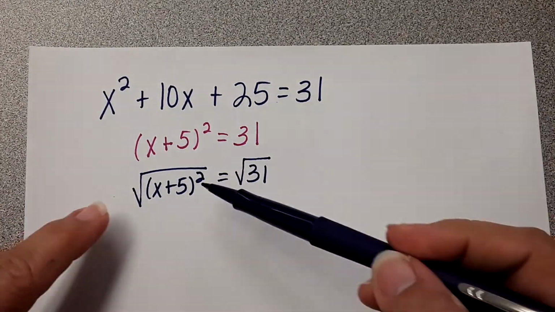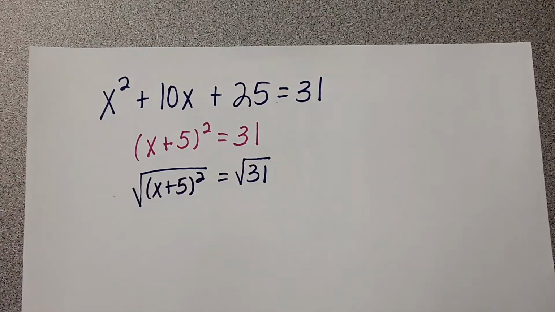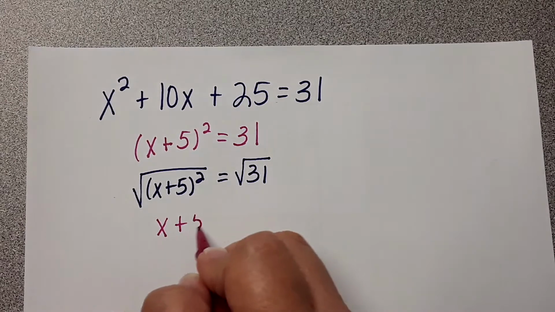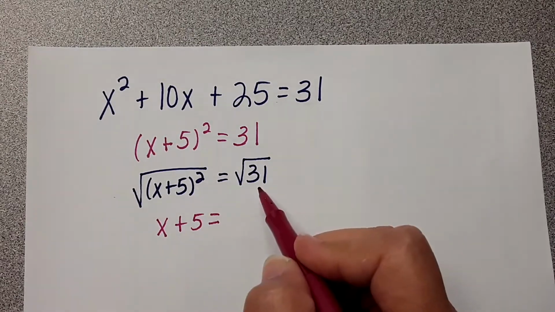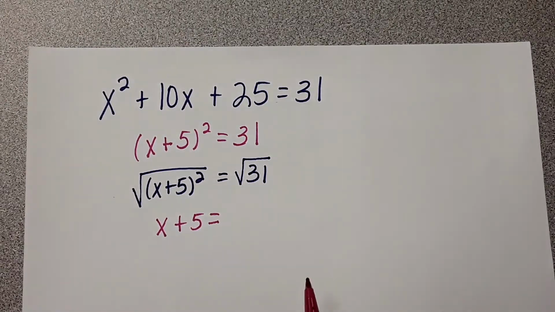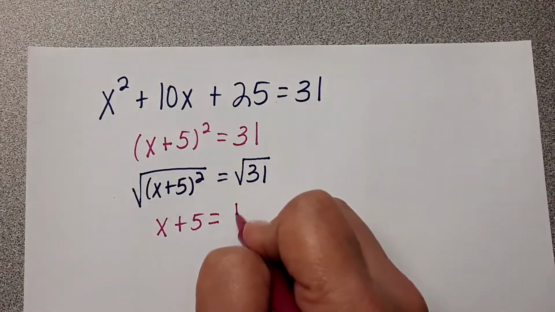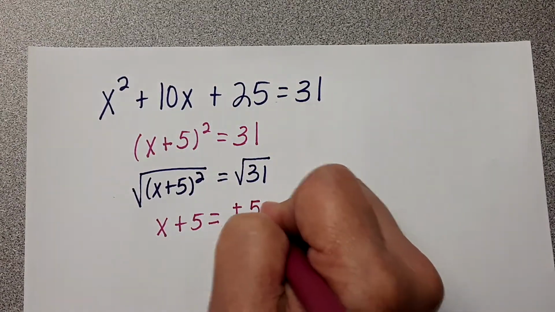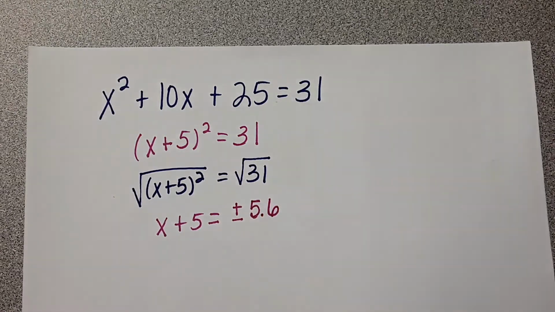If you do this step, just make sure it's in parentheses. And then it would become x plus 5 equals, this time I'm actually taking the square root of this number, and you get plus or minus 5.6. And I round it to the nearest tenth.